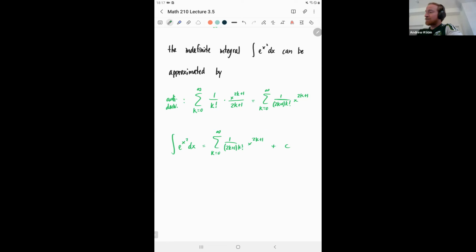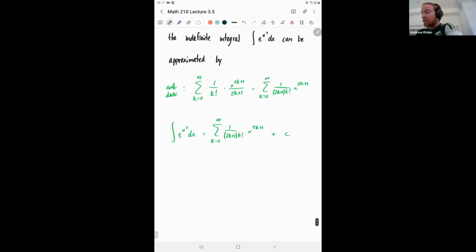If you wanted to integrate this function, we could integrate it from 0 to 5 if we really wanted to, and we could use the actual explicit Taylor polynomial or Taylor series to do that, or we could take approximate values for these integrals. This gives us a lot of information about this integral symbol that we didn't previously have, since we didn't originally know an antiderivative. This is what's called not a closed formula.